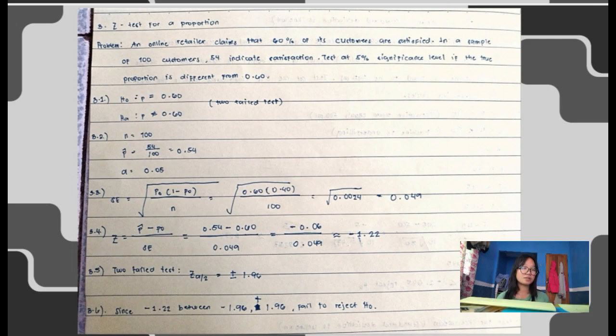So that's why positive and negative 1.96. So the conclusion, the decision is, since negative 1.22 is between negative 1.96 and positive 1.96, we fail to reject the hypothesis. So there is not enough evidence to suggest that the proportion differs from 0.60 at the 5% level. So that's how you do the z-test for proportion.